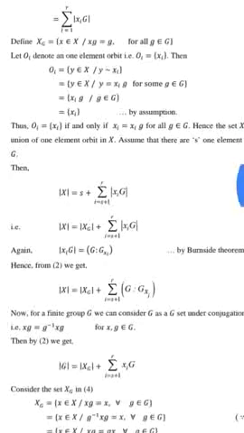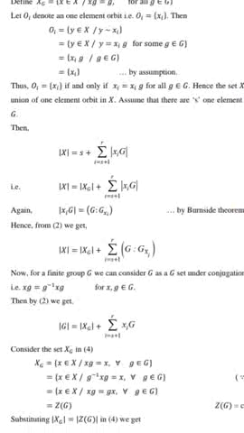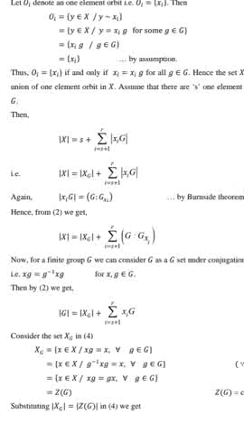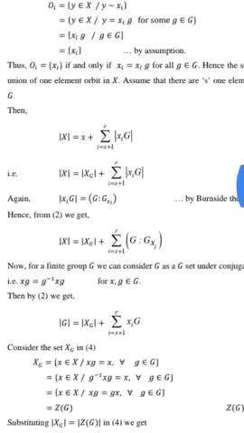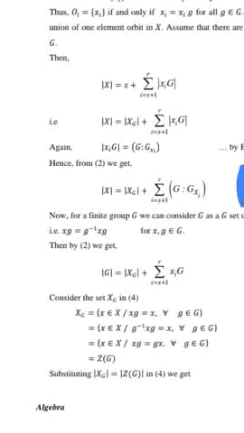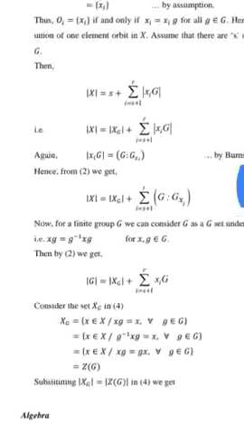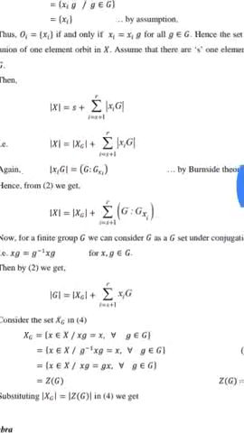Thus the orbit is the singleton {xi} if and only if xi equals g xi for all g belonging to G. Hence the set XG is precisely the union of one-element orbits in X.